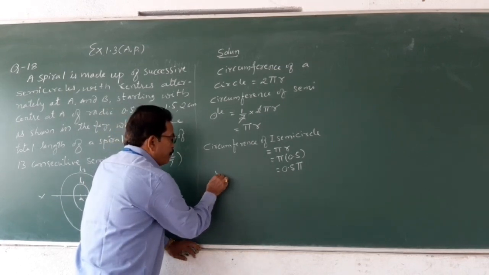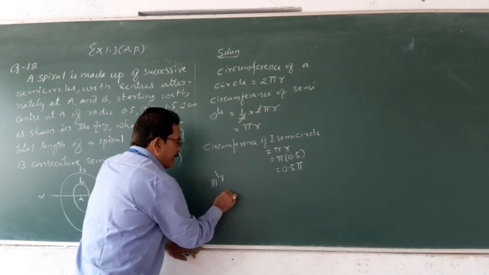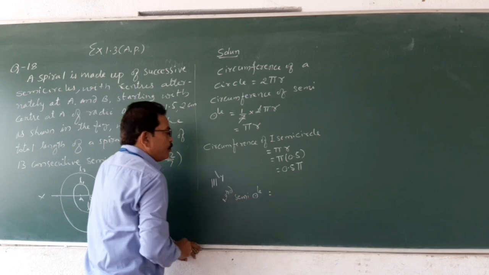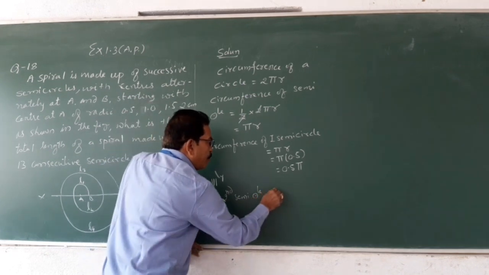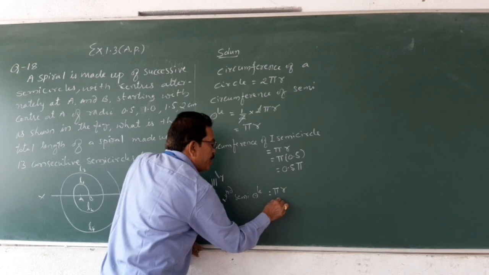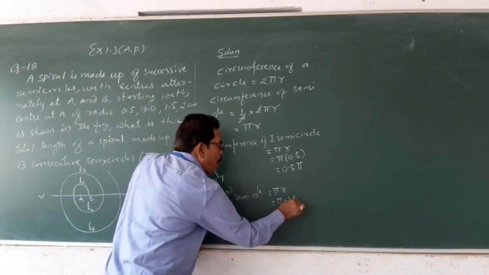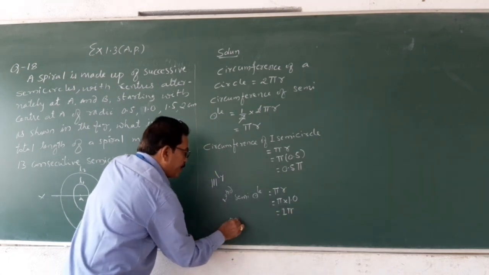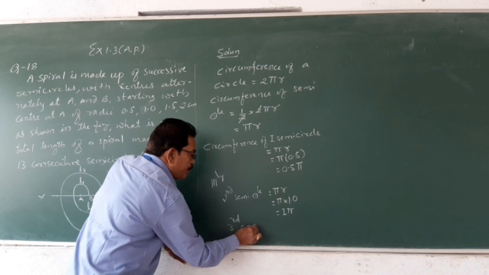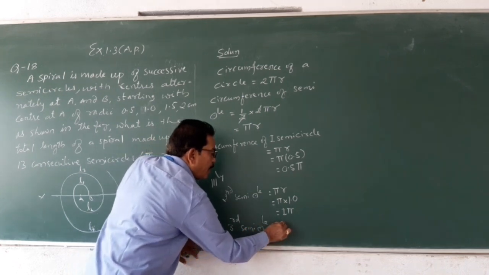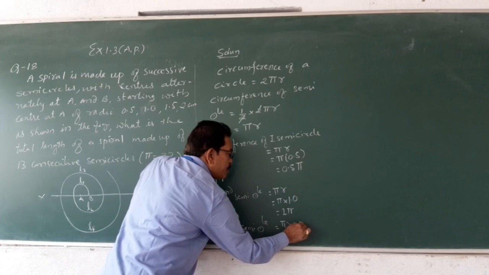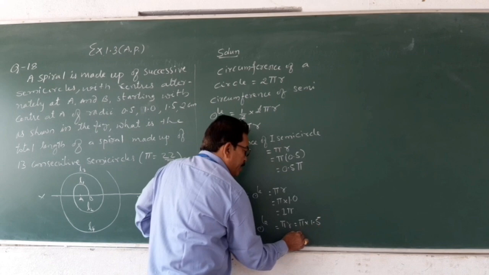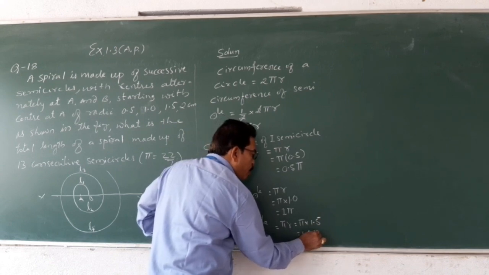Similarly, second semicircle, pi r, that is pi into 1.0, equals 1 pi. Third semicircle, pi r, that is pi into 1.5, equals 1.5 pi.